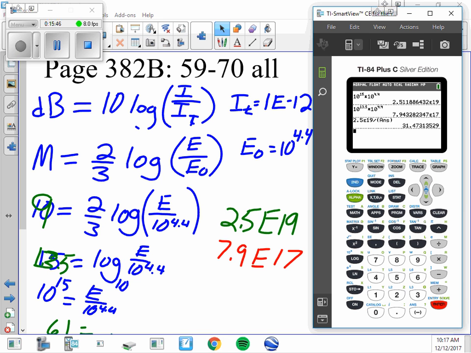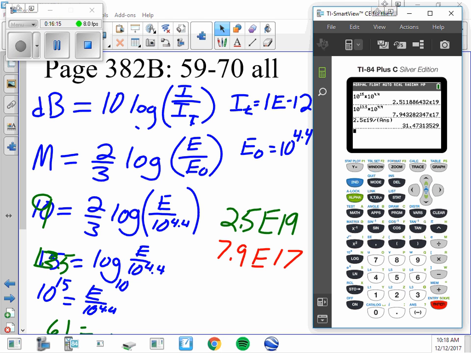But in your assignment today, you're going to be using those same equations. So 59 and 60 use the decibel formula. 61 and 62 use the earthquake formula. 63, what formula?